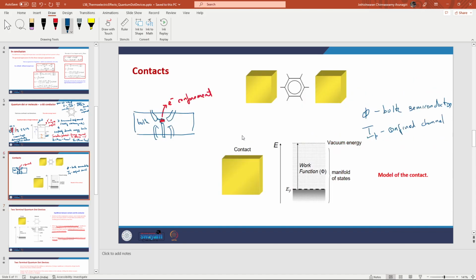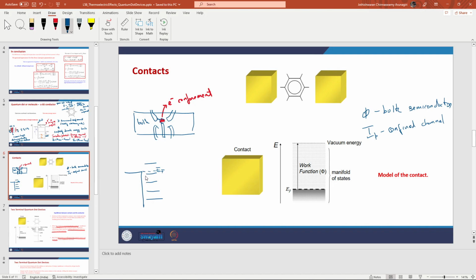Let me go back to the previous slide. Now I have the metallic energy level. First we have the metallic energy level and its corresponding EF, and we may have discrete energy levels coming from here and here and here, with different energy.